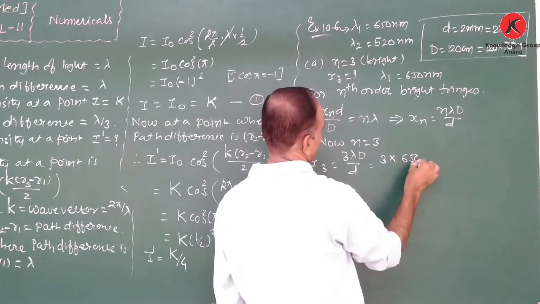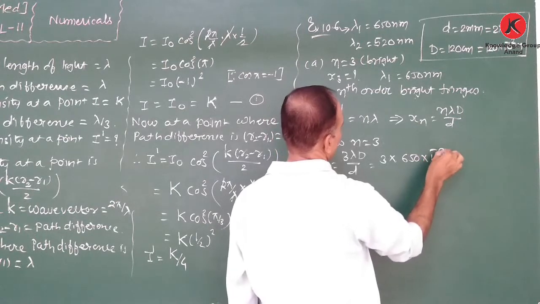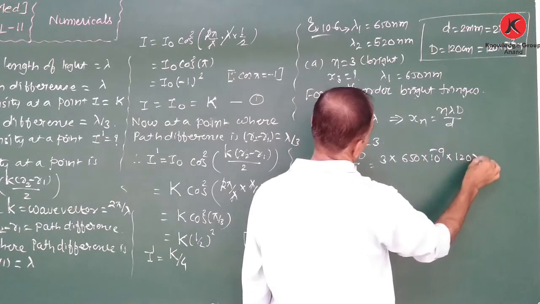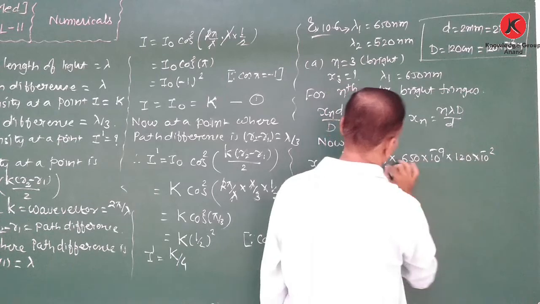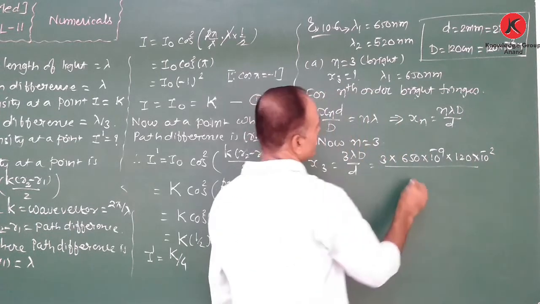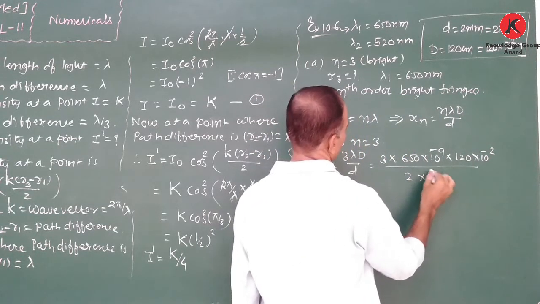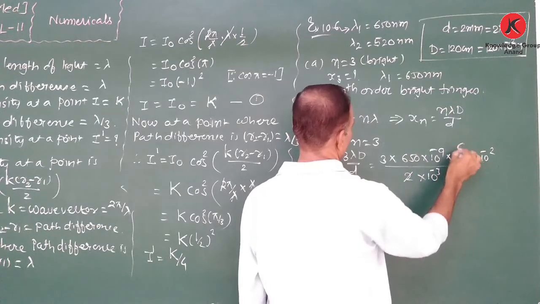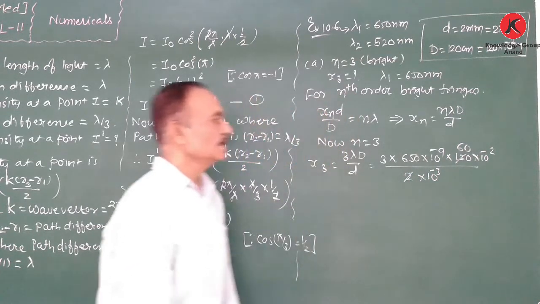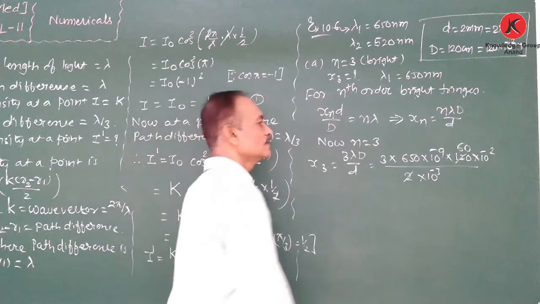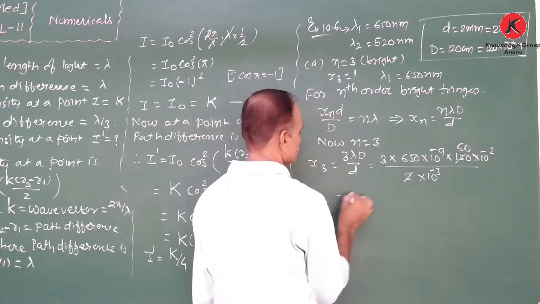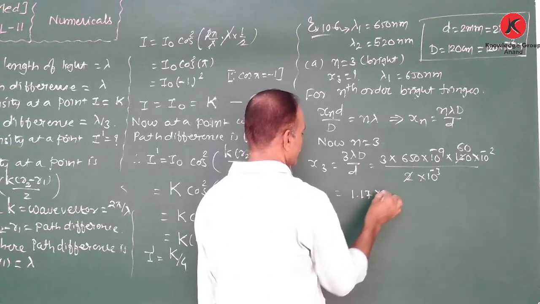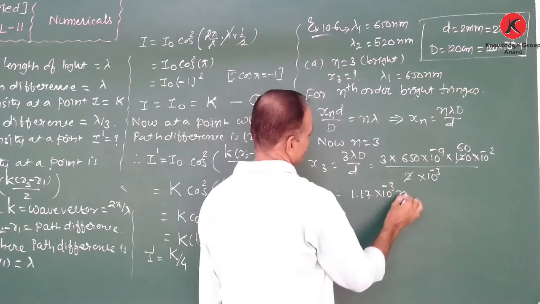So 650 into 10 to the power minus 9, capital D 120 into 10 to the power minus 2 upon small d 2 into 10 to the power minus 3. Thus we obtain the answer 1.17 into 10 to the power minus 3 meter.